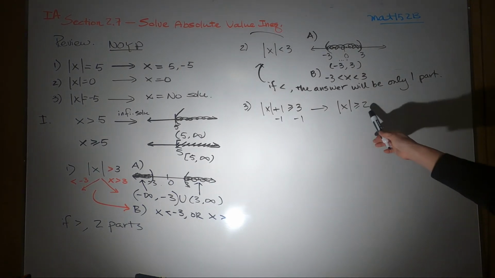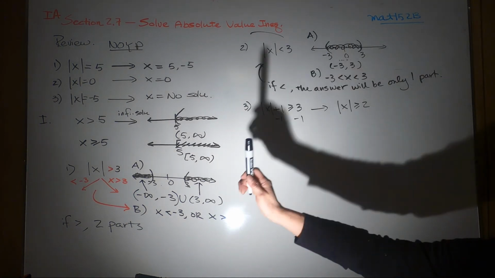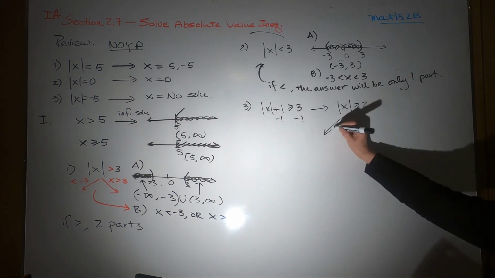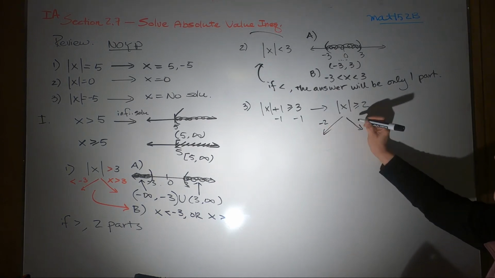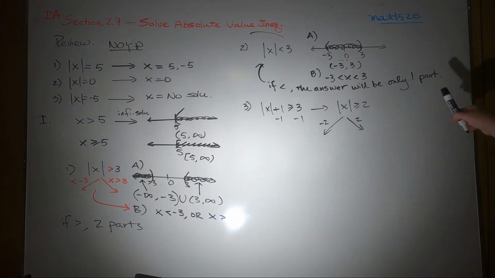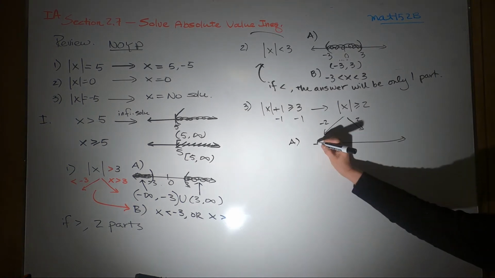So it's bigger than or equal to 2. How many parts should you have? 2 parts for your answer, right? So these 2 parts, one is beyond -2 on the left-hand side, and another one is beyond 2 on the right-hand side, right? So your answer should be what?